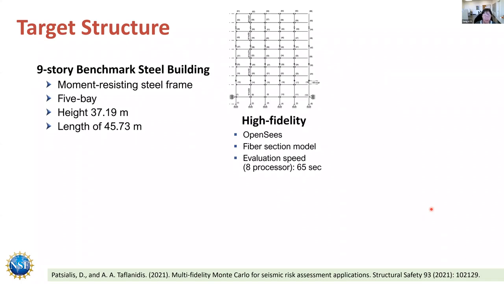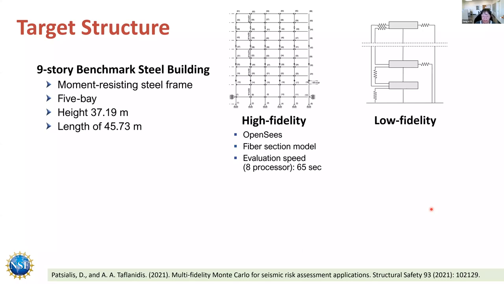We need two models for this building. Our high fidelity model is written in OpenSees. It uses a fiber section model, and the evaluation time is 1 second per simulation, but under 8 processors. So in fact, it takes 8 times longer.